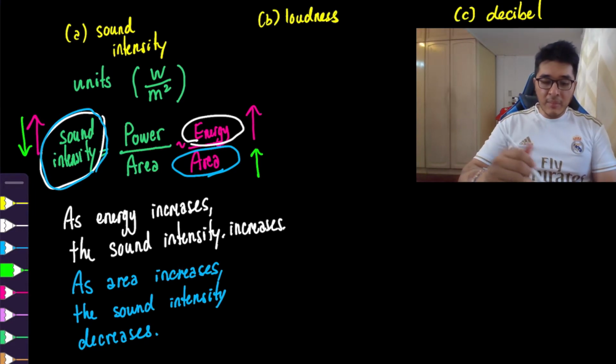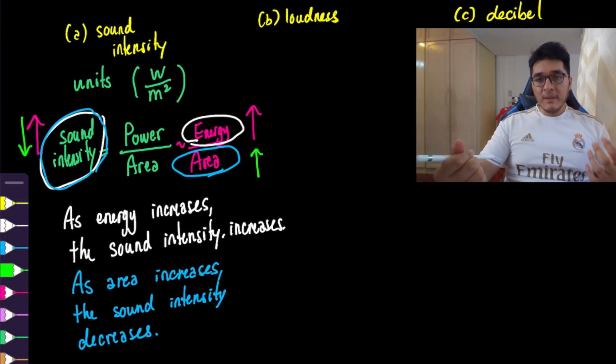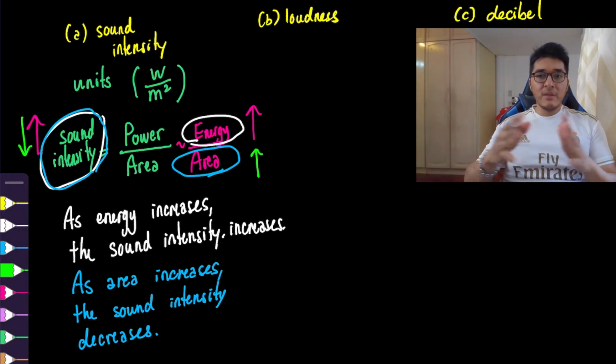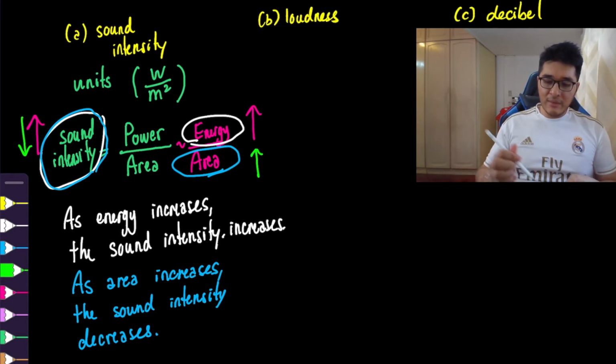Now to think about loudness, loudness is a description of sound intensity. And more specifically, we relate it to a threshold of human hearing capability. So loudness is measured from the human capability. So they're related to humans.